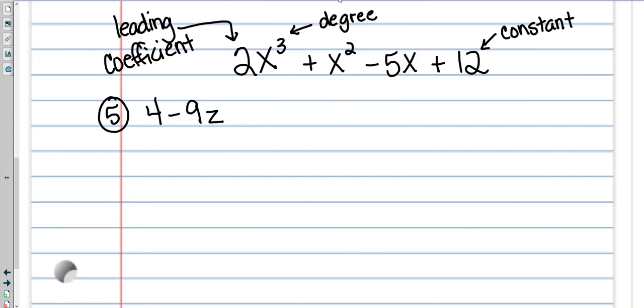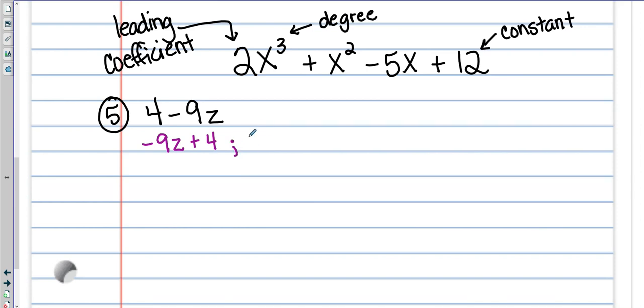Okay, the directions first say write the polynomial in standard form. Okay, so remember that the constant is always at the end. So the negative 9z has to go first. So we're going to write that first. Negative 9z plus 4. Okay, so there we wrote it in standard form. The directions then say identify the degree and leading coefficient.